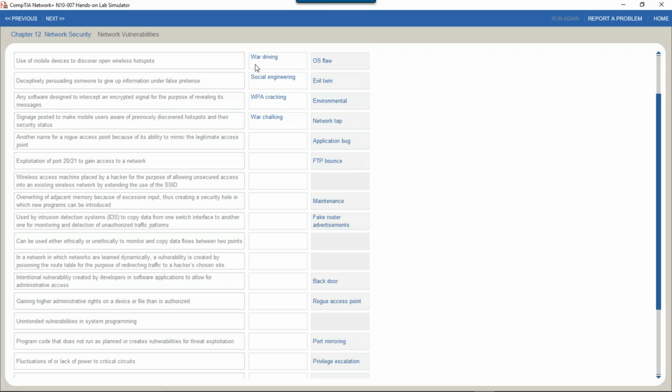It lets people going around looking for hotspots know where they are. That's what war chalking is. War driving is going around looking for hotspots. War chalking is once you find the hotspots, you mark them up so someone else looking for hotspots is aware of what to do, where to go, what's available, and how to gain access. So that's the gist of it.